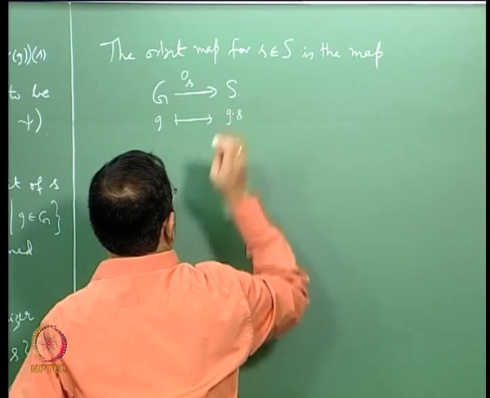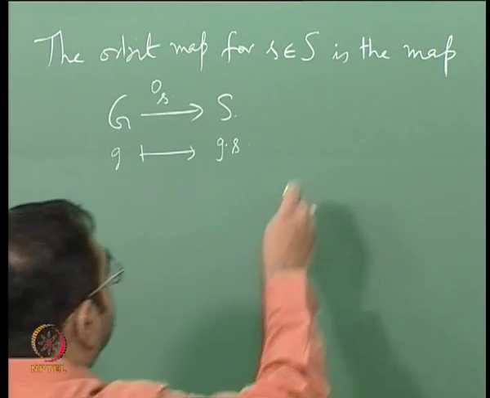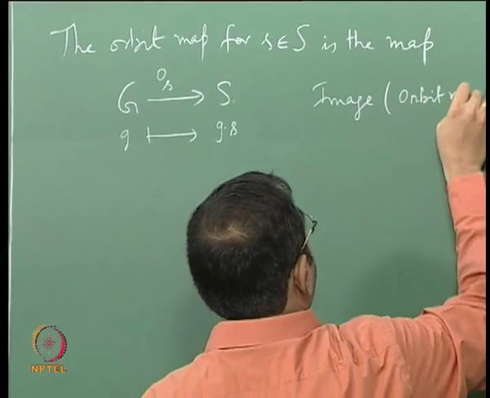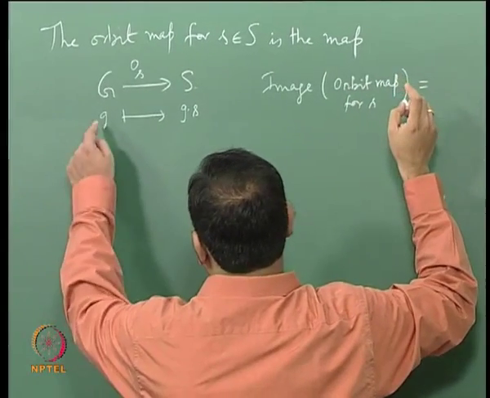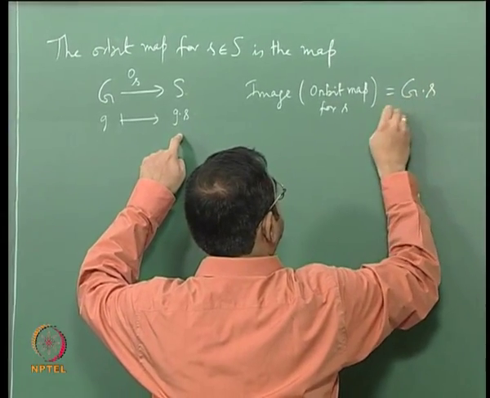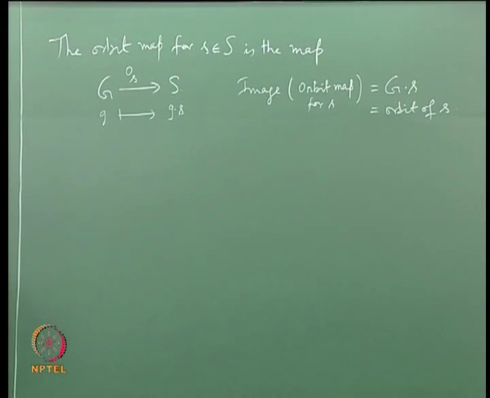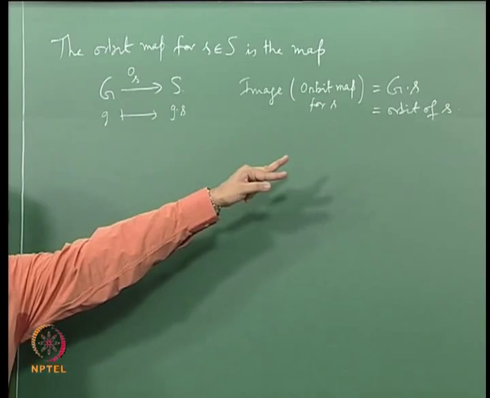So this is the orbit map, and you can see that the image of the orbit map for s is exactly capital G dot s, which is exactly the orbit of s. The image of the orbit map is just the orbit. In other words, this is a surjection onto that subset G dot s, which is the orbit.